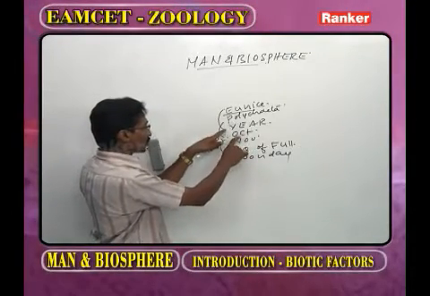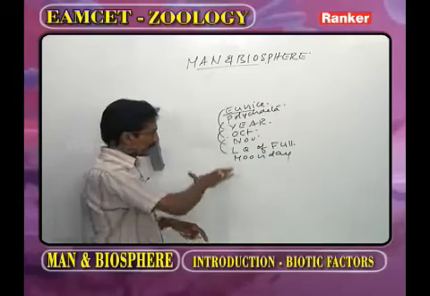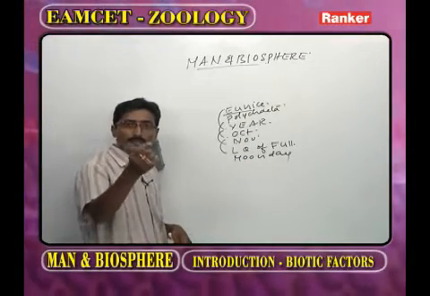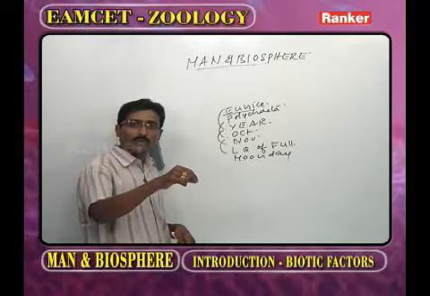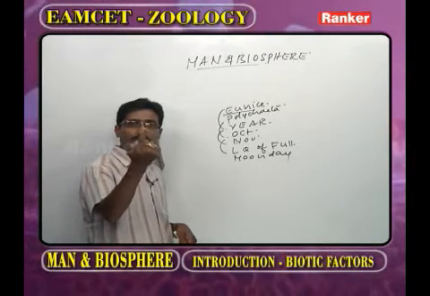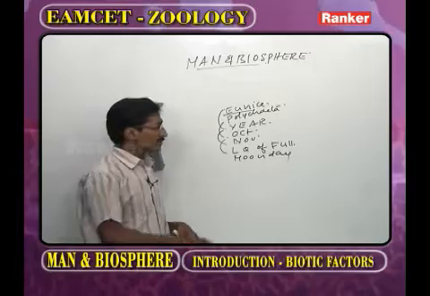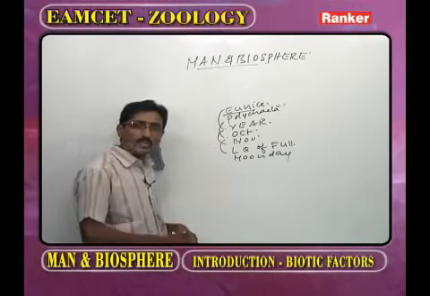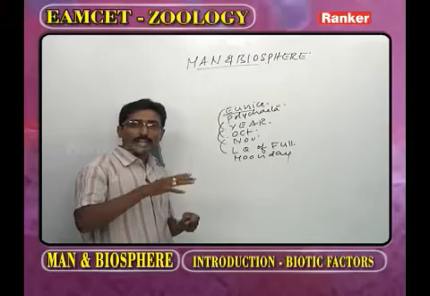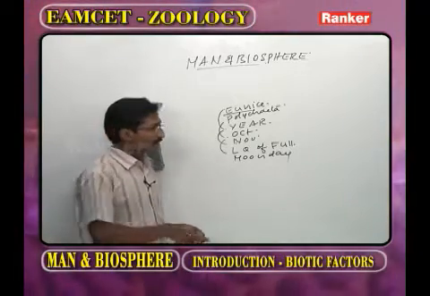Every year during October and November, in the last quarter of the moon, not less than 1 minute, not more than 1 minute, exactly at midnight, 12 o'clock, thousands and thousands of Eunice will come out of the burrows. They undergo copulation and release innumerable gametes.